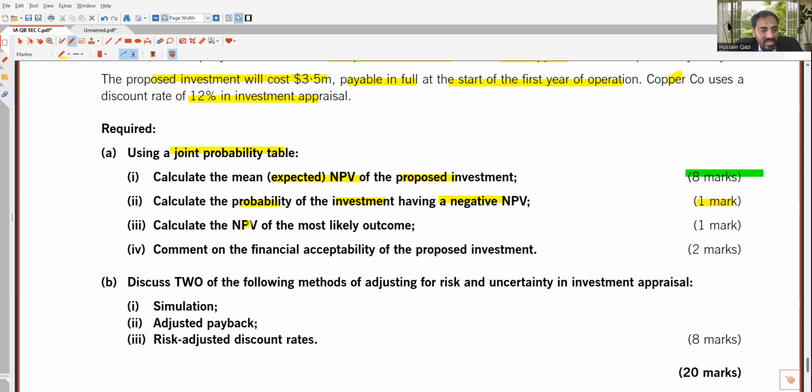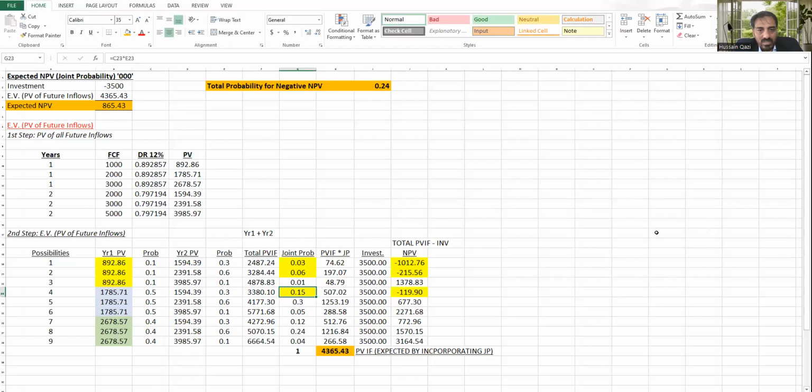Next, calculate the NPV of the most likely outcome. Most likely means with the highest probability. The highest probability is this: 4%, 24, 12, 5, 15, 0.1, 6, 3.